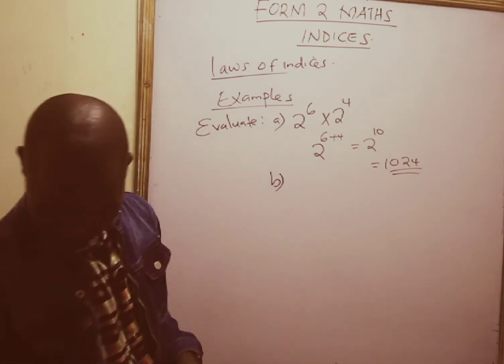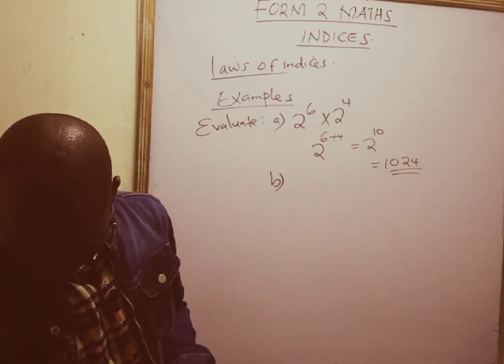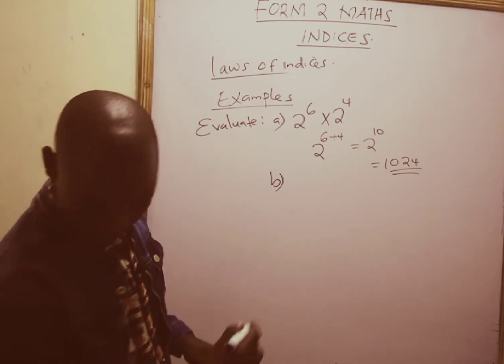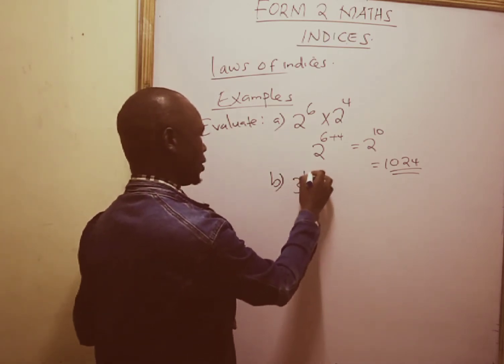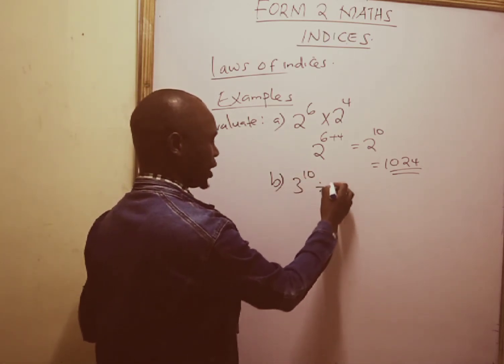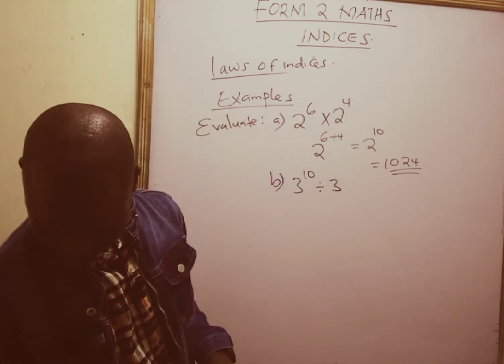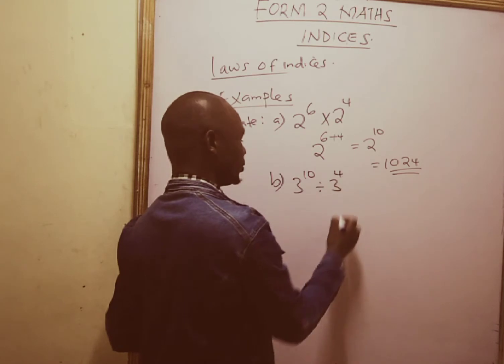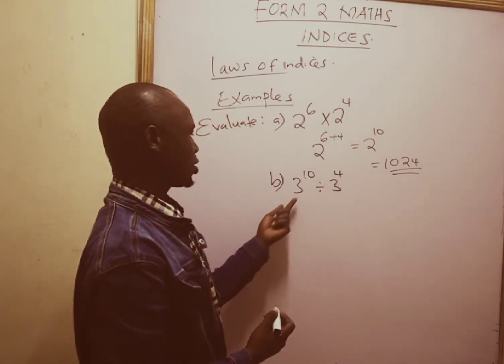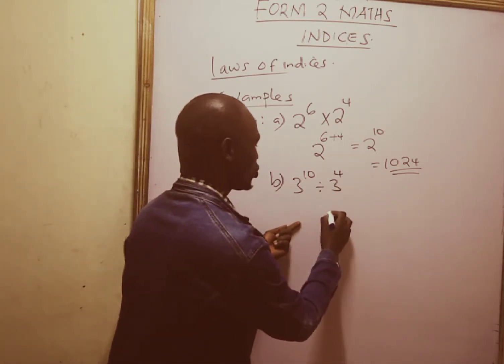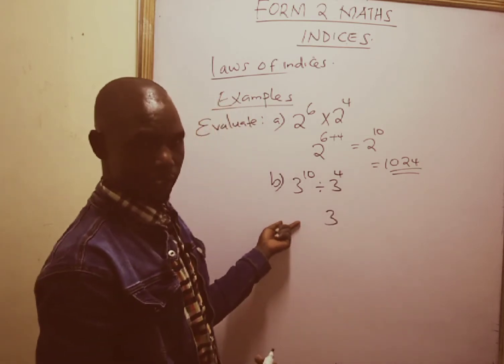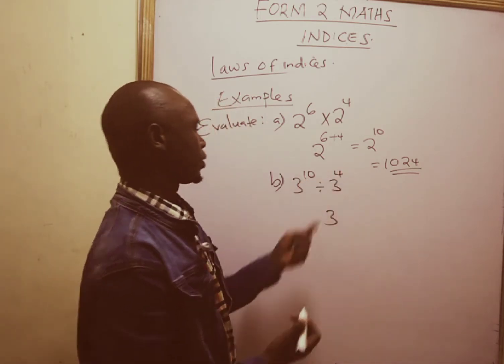B, what if you have something like this? We have 3 power 10. You divide by 3 power 4. Under the laws of indices, so long as the bases are the same, we are going to maintain the common base as 3. Then we subtract the powers.